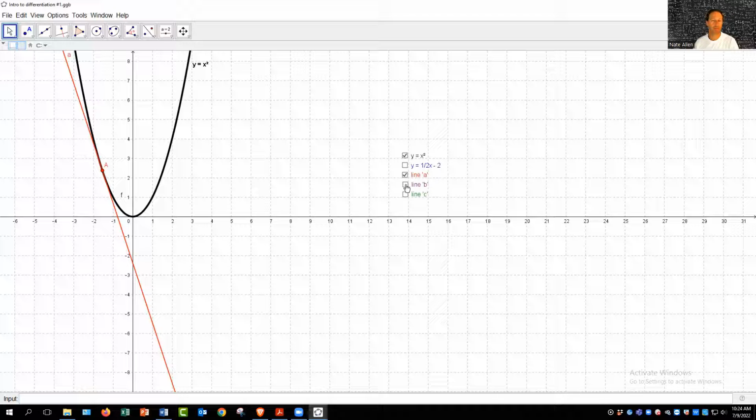The problem is, if I pick a different point, say over here on the right side of this symmetrical parabola, now my slope is positive. So you can see that the slope is different, and not just negative to positive. Let's pick a different point on the other side. Let's say C here in green. You can see that this line is even more positive than this one.